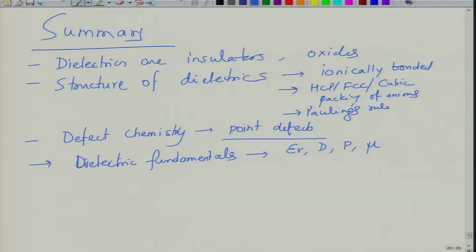We looked at the mechanisms of polarization, and we saw that polarization happens at various frequencies, which is determined by the smaller to biggest entity. So, electronic polarization, ionic polarization, dipolar polarization, interfacial polarization, and we move from electronic to ionic to dipolar to interfacial as the frequency decreases, because the size of the entities also becomes larger.